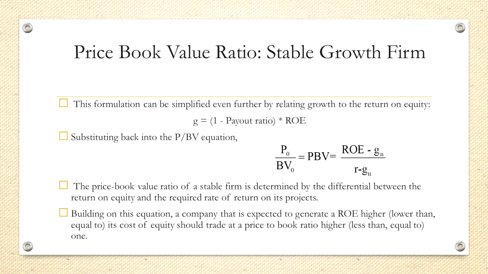So if the growth rate equals 0, then the PB ratio should equal return on equity divided by the cost of equity. You see, the numerator is the return and the denominator is the cost. So if a company is generating a higher return than its cost, then the PB ratio should be greater than 1. If the PB ratio is less than 1, it means ROE is lower than cost of equity.